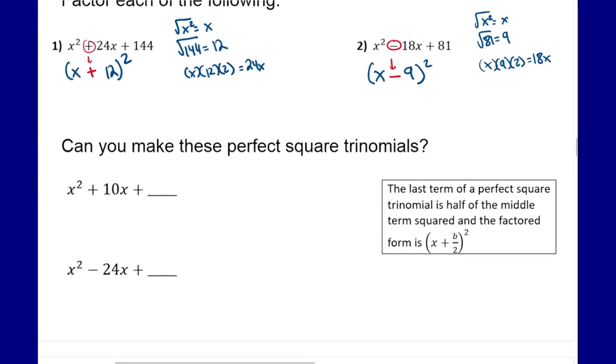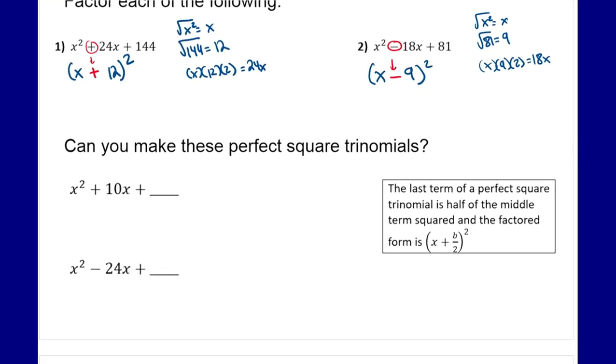Next, we want to see, can we make the following perfect squares if we're given the middle term and the first term? Well, the last term of a perfect square is half the middle term squared.